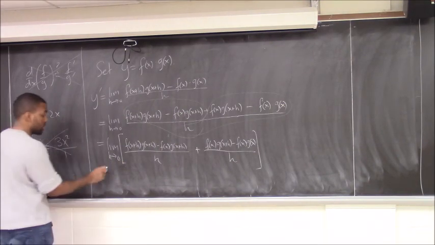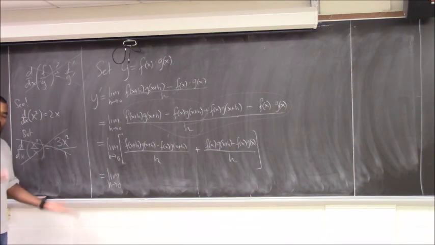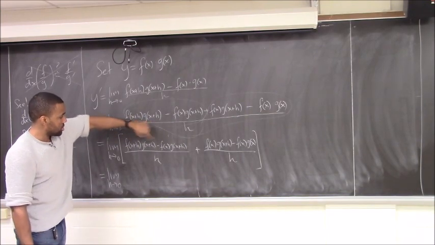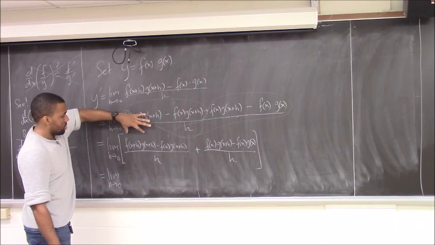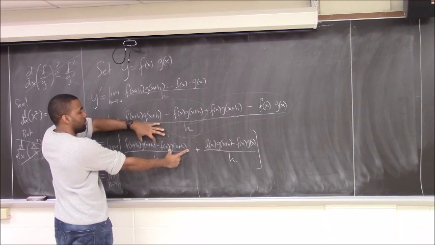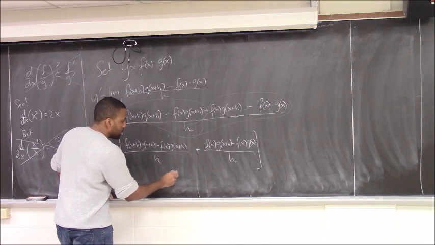Let's simplify these fractions. How do you simplify these fractions? Well, how do you simplify any fraction? You factor. So I'm going to factor the top and bottom. To factor, one thing I would do is look for common terms. In this case, g of x plus h is a common term. Let's pull that g of x plus h out to the right.